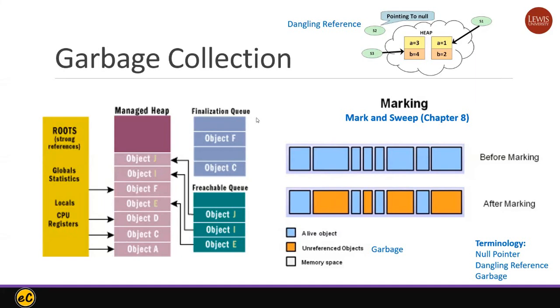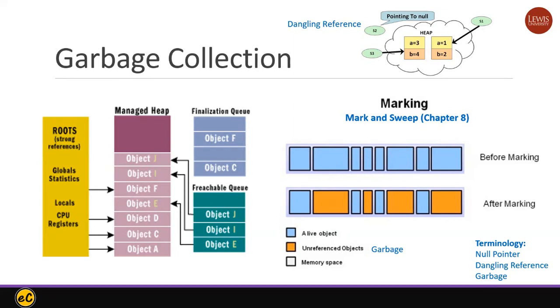So for C++, the lifetime of the object, you have to collect it by yourself. If you do not handle the lost objects, then in C++ you will see what is called a memory leak. And there are some tools to help you analyze the memory leak.